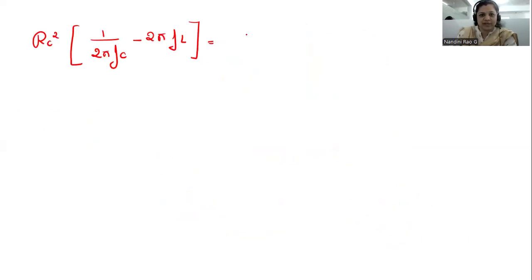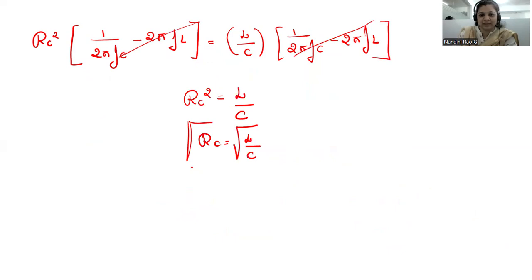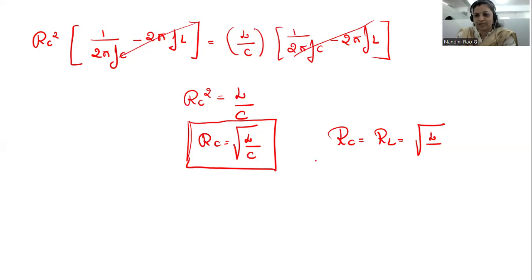So L by C times 1 by 2 pi FC minus 2 pi FL. These get cancelled out. In the equation you see RC equal to root L by C. We have already considered RC equal to RL, so RL also will be equal to root L by C.